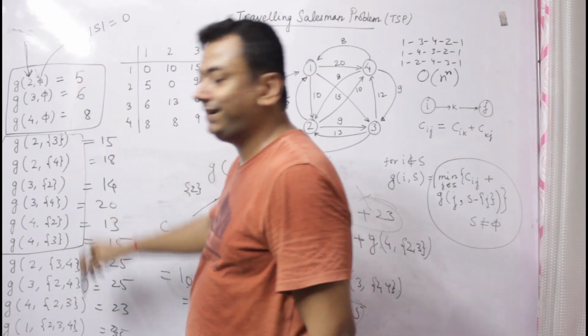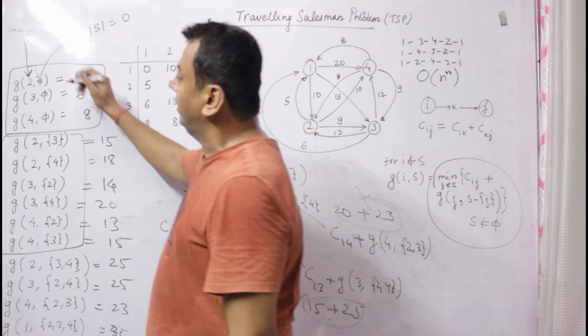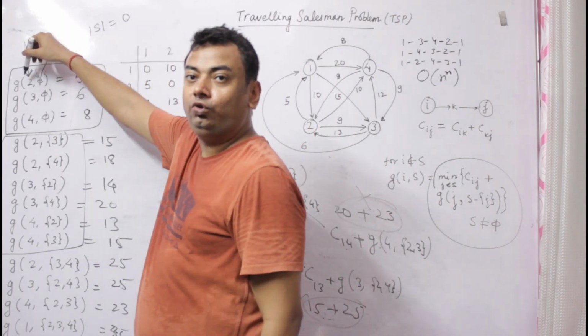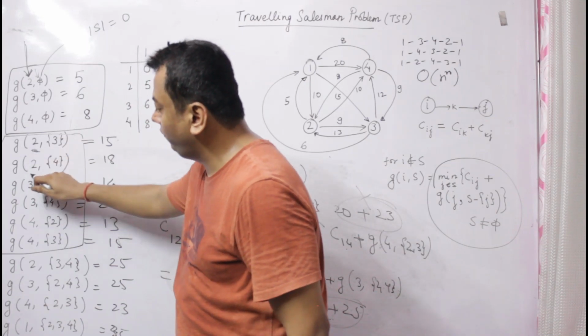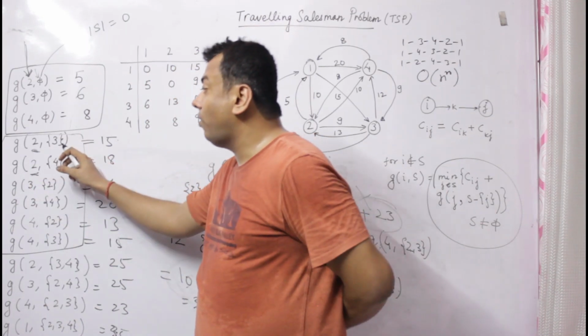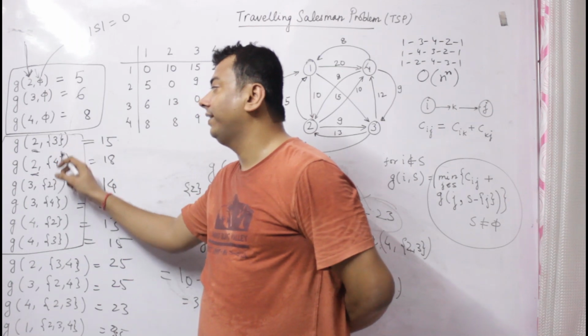That intermediate set, don't include. If you are at node 2, don't include 2 here.